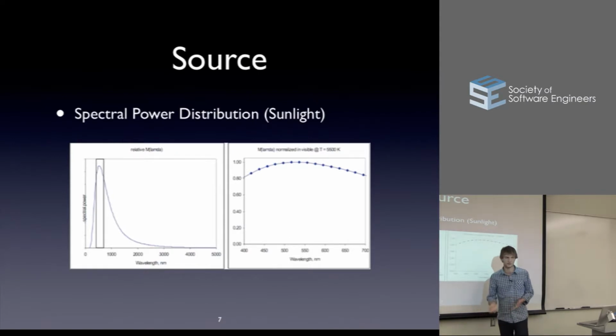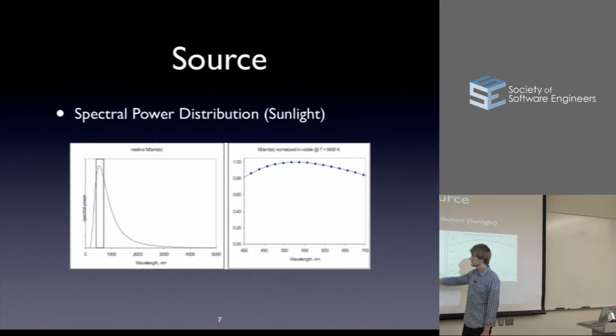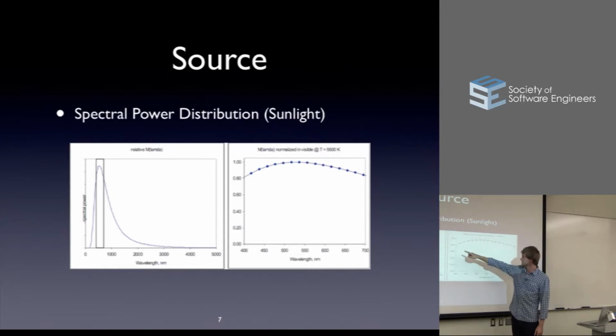So possibly from an evolutionary sense, that's why our vision lies there, because it is the peak output of the very near star. The sun works as what's called a black body, in the sense that it's a heated object which emits a spectrum of light. And the characteristic of this is a very smooth line, as you can see here.